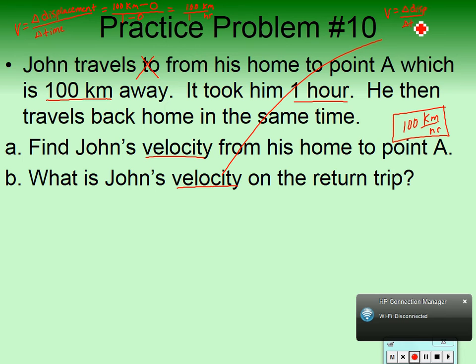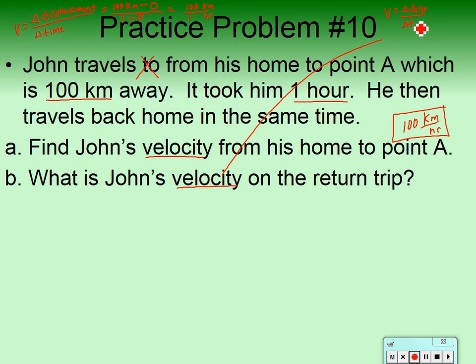Okay, now if we look at his displacement, his final displacement on the return trip would be his home, which I called earlier the displacement of 0. So 0 minus his initial displacement was point A, which I called 100 kilometers away, so 100 kilometers, divided by the time, the final time to go back.